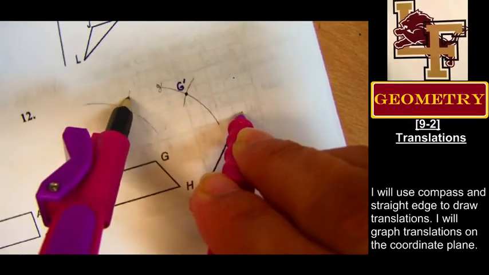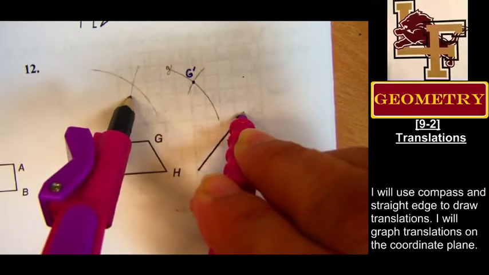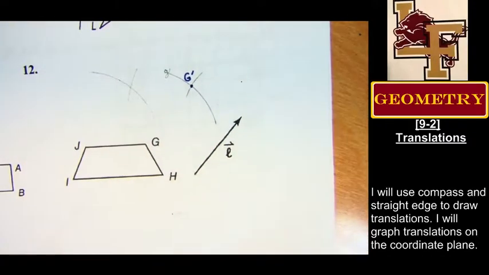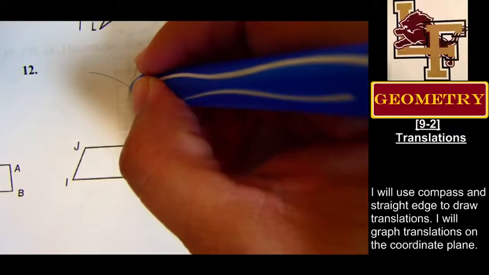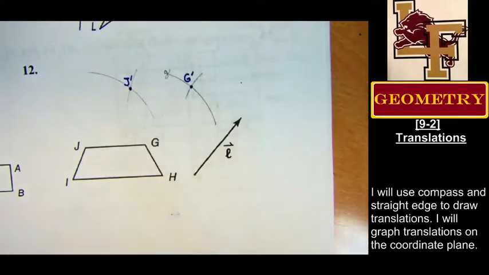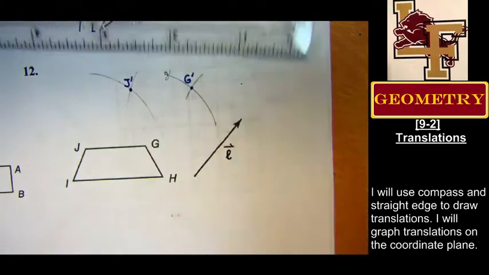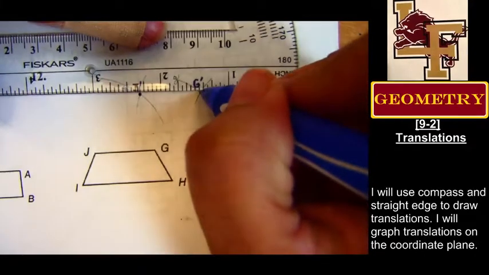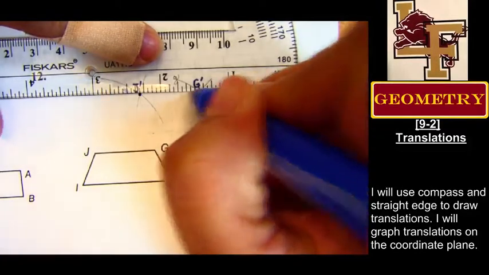Now draw your arc and get your two pieces to intersect. I messed up. This intersection is J prime. And if you want, you can connect these two points now, so that way you don't have to try to connect them later.